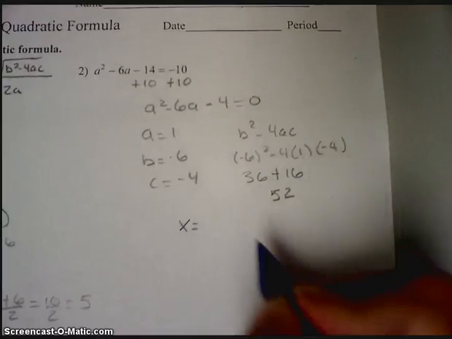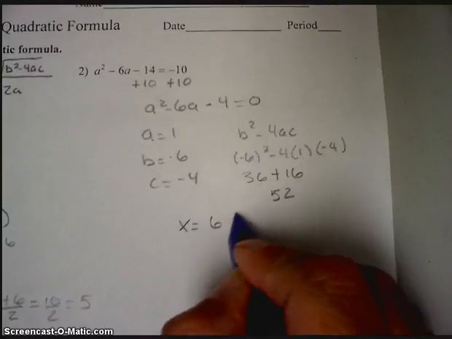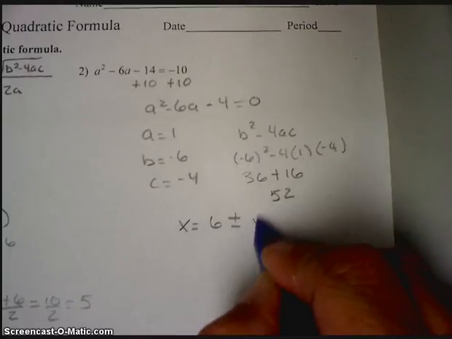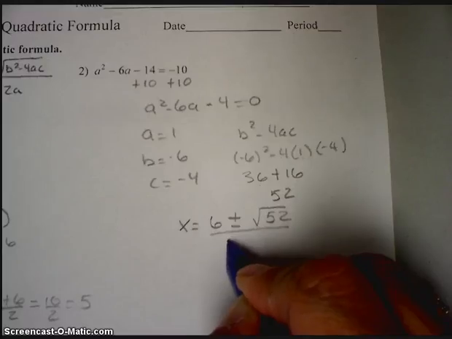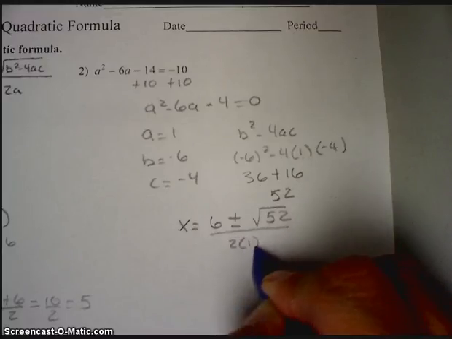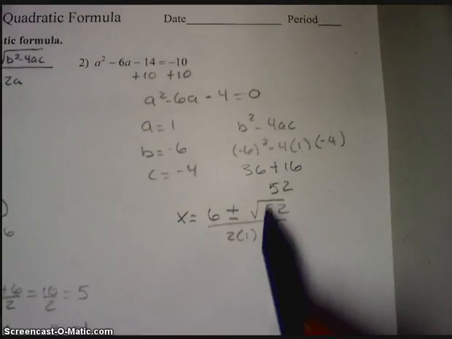Okay, so now we're ready to set up the problem. x equals opposite b, so it's going to be positive 6 plus or minus the square root of 52 all over 2 times a, which will be 2 times 1. Now I know 52 is not a perfect square, so I have to look for perfect squares that go into 52.